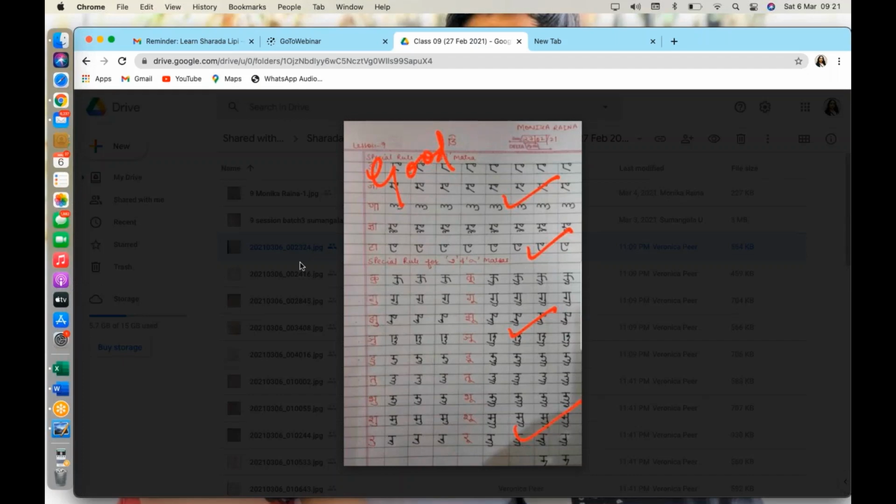So it's nicely done, and I would encourage everyone to write it like this, so that it comes in handy as a reference later, because there are a lot of special rules in writing Sharda, especially from now on, when we'll cover conjuncts and rules like these.